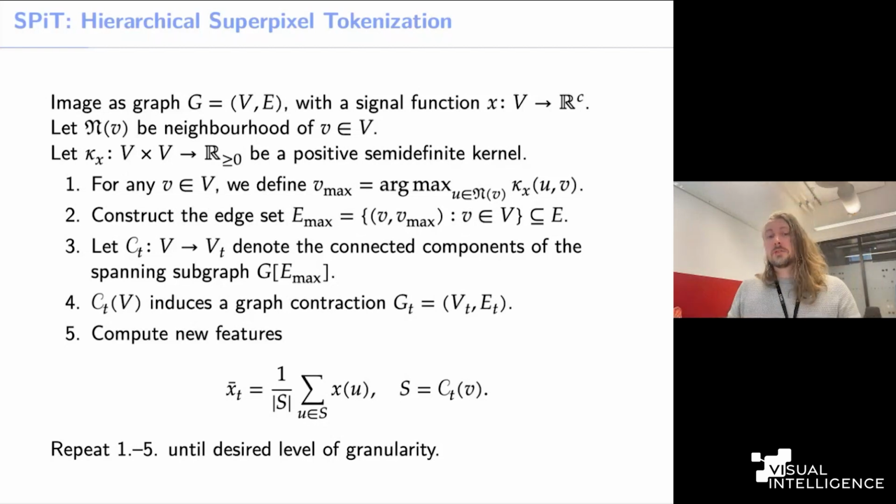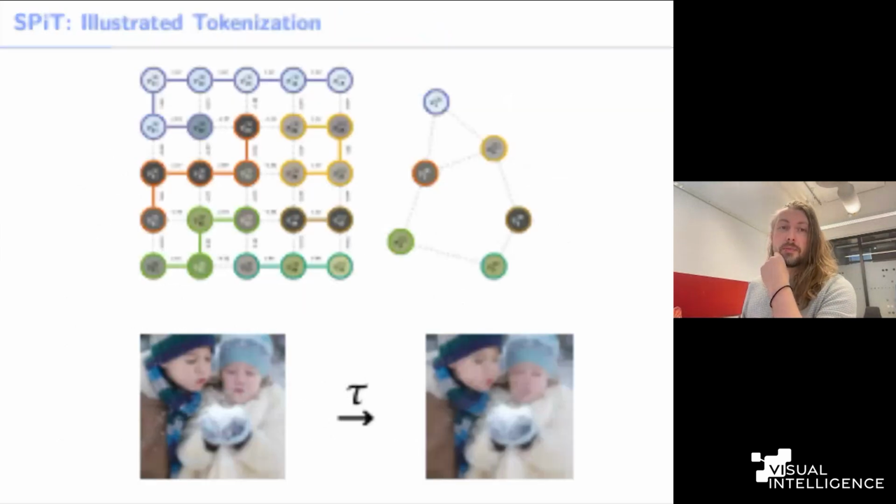Then we compute new features where we just take the empirical mean of the features of all the pixels inside each of these superpixels, which we now denote by S. And then we repeat this until we get some desired level of granularity. This gives us a hierarchy of superpixels, where each level is a partitioning, and they get coarser and coarser as we iterate over this process.